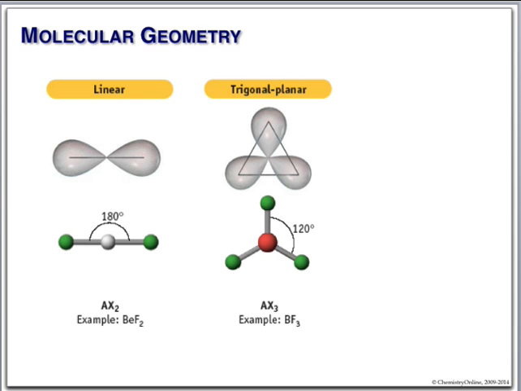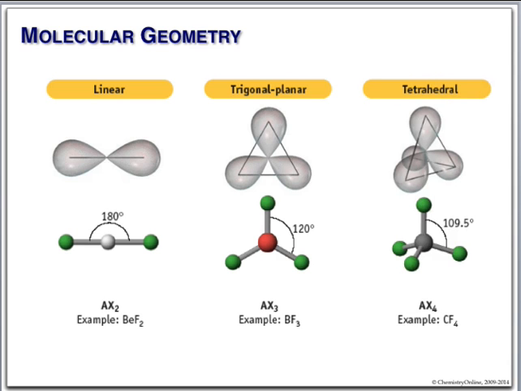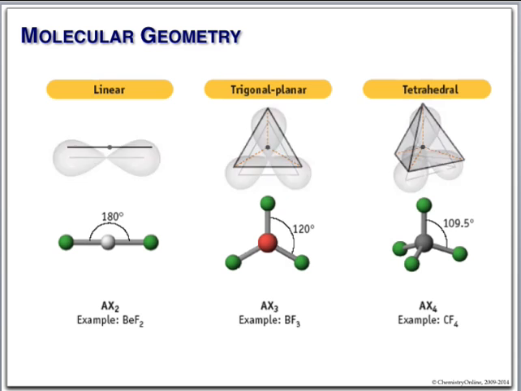If we have 4 things, we can do our tetrahedron. And once again, note that the central atom here is in the middle of this shape, and all these are the same distance and the same bond angles. Here's another way to look at it: linear, trigonal, and here's our tetrahedron with this hiding in the middle.